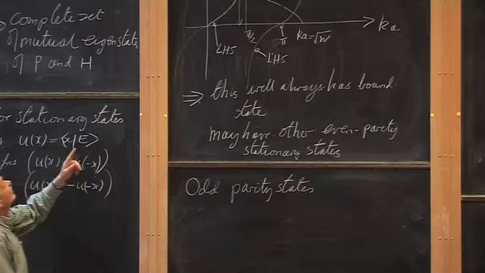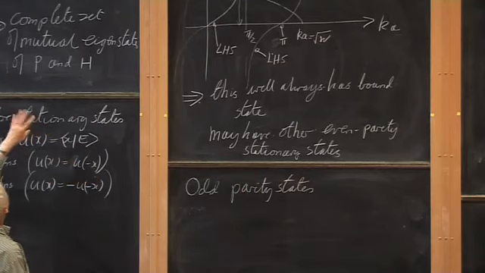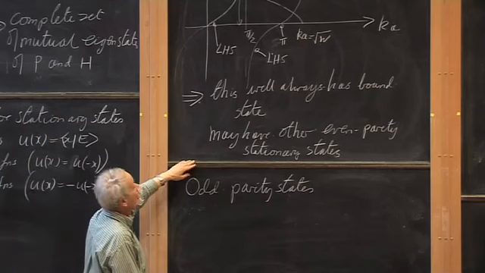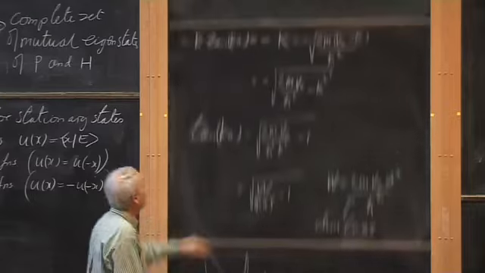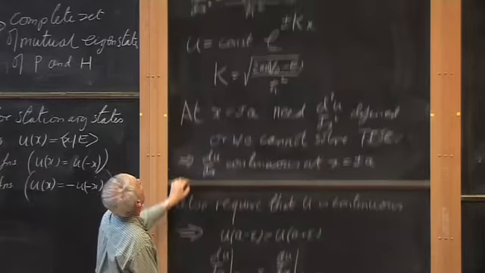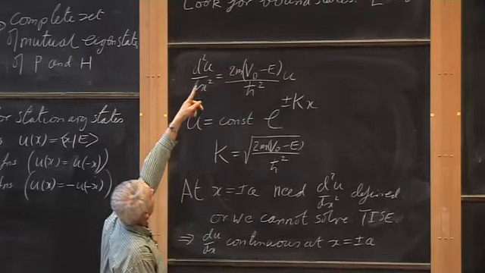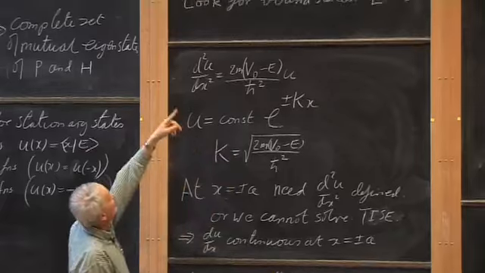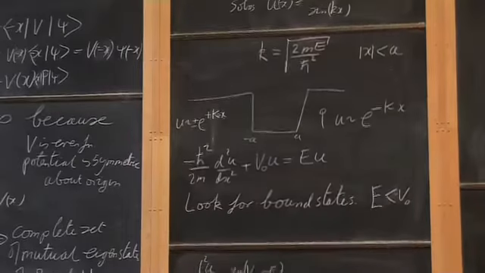Then our conditions are our wave function for the odd parity state. The wave function for the odd parity states is the sine kx right up there, right? So in the middle it's sine kx. At the edge it's still A e to the minus Kx.